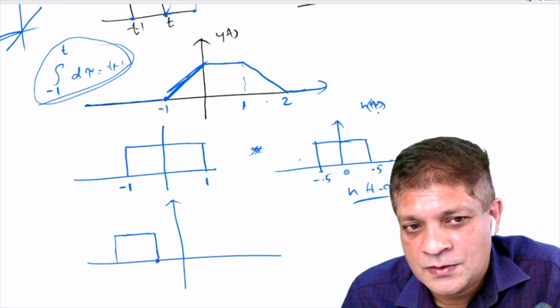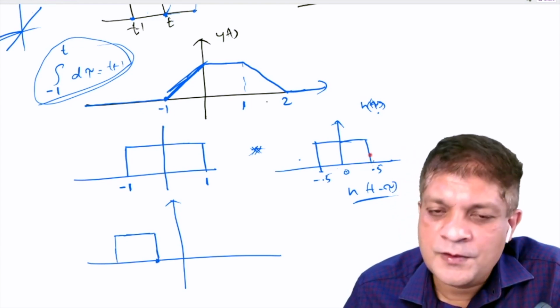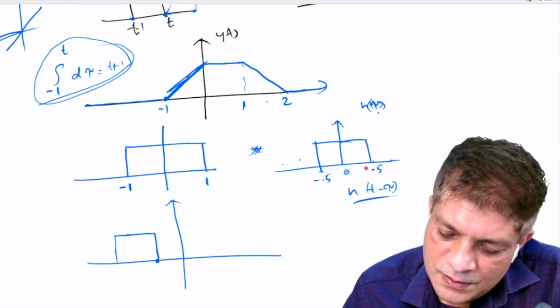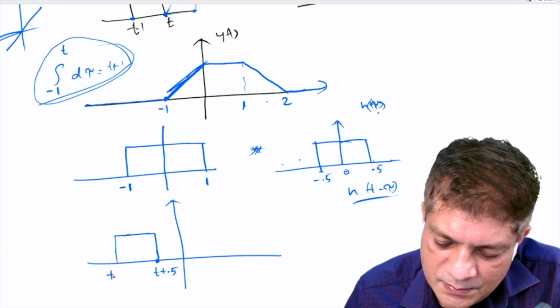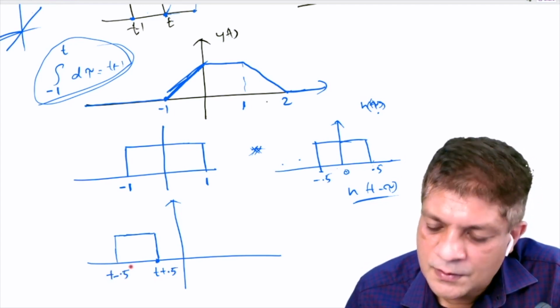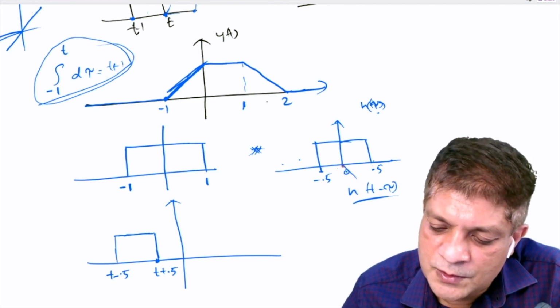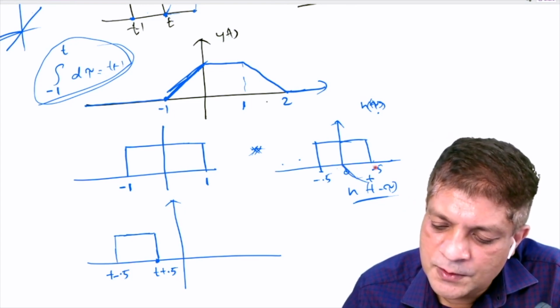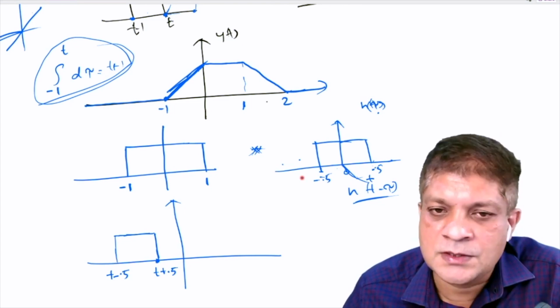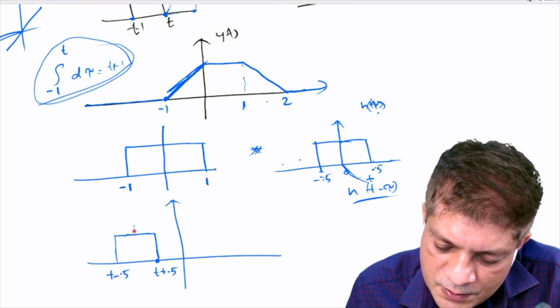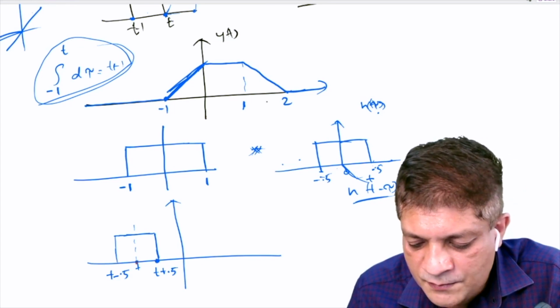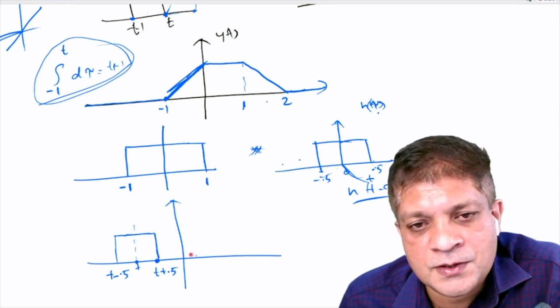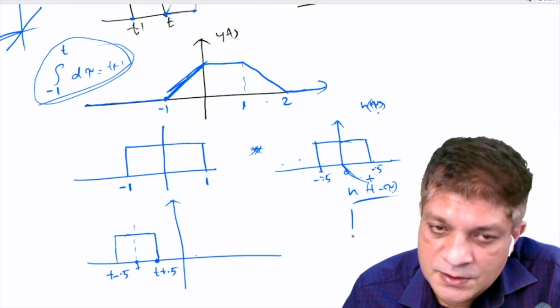This point will be t plus 0.5 and this is t minus 0.5, because 0 will move to t. Now t is somewhere here. Now you move this t from minus infinity to infinity. Tell me the shape of the output signal.